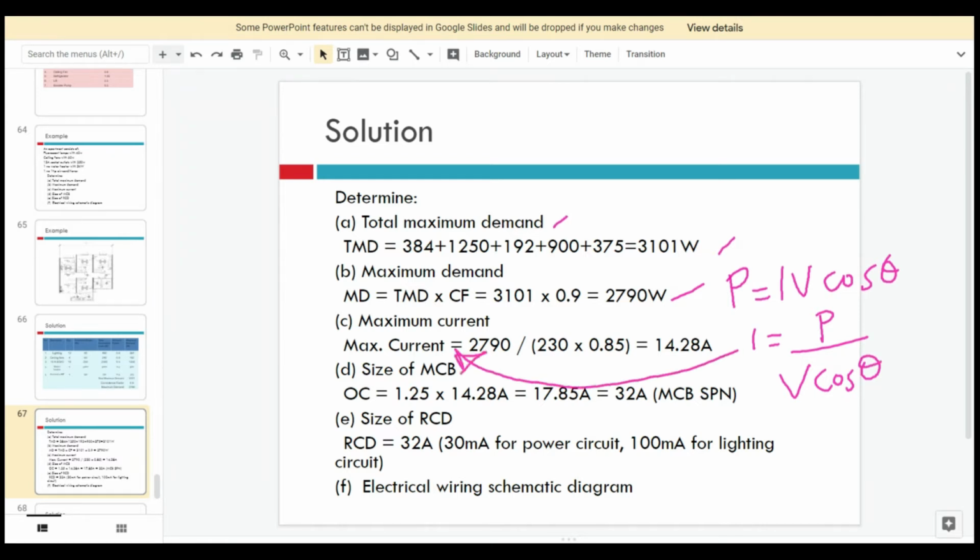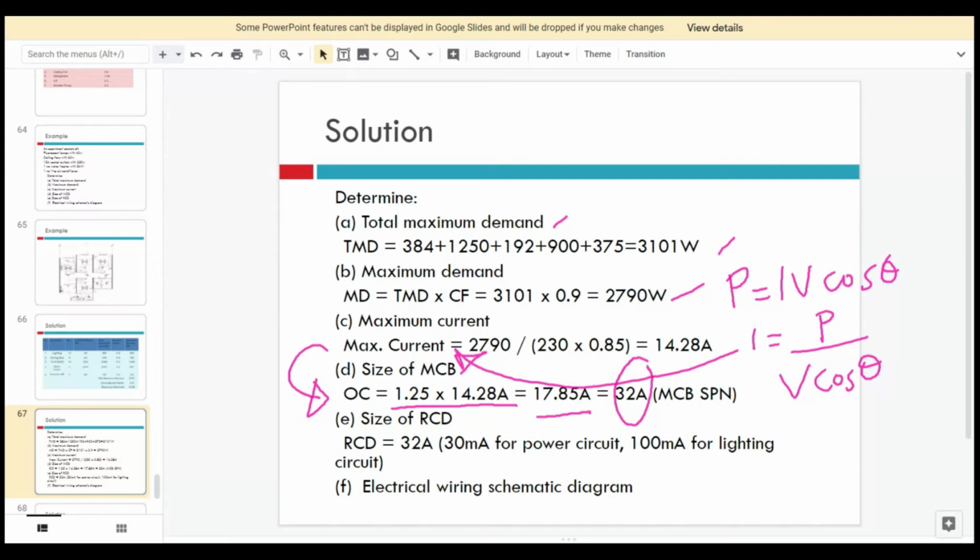From this maximum current, we can determine the current rating of the MCB that we want to use. By using this equation, 1.25 times the maximum current, you can get 17.85. So approximately we can use a 32 amps MCB single phase.